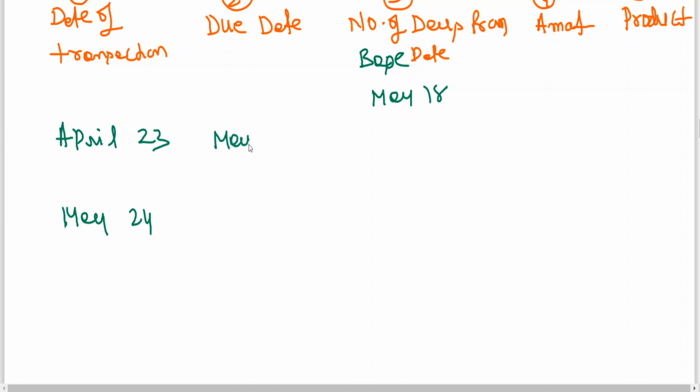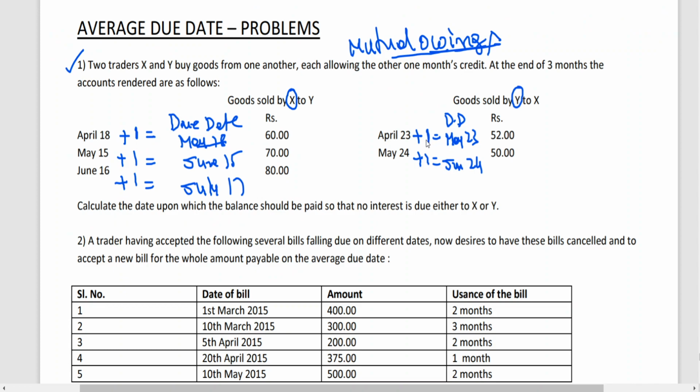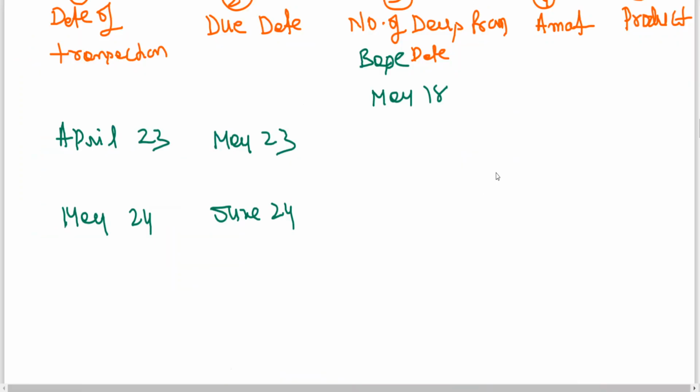April 23, May 23, and May 24, June 24. 52 rupees 50 and 50. May 18 to May 23, how many days are we having? 5 days. So 5 into 52, you are getting 260 rupees.